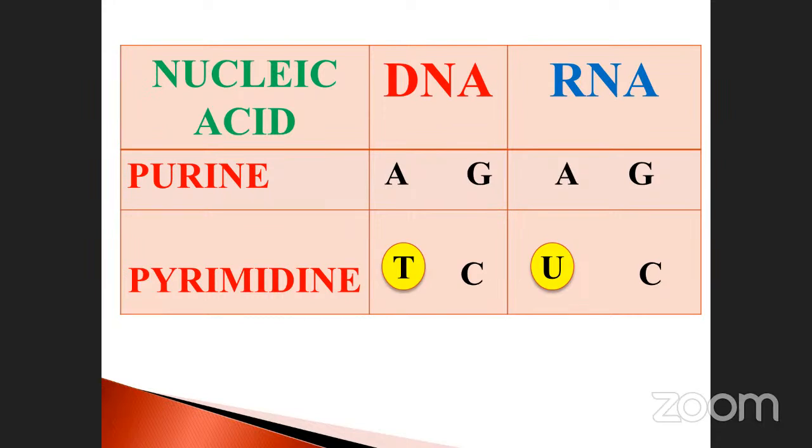During the translation process. Are you clear in this part, my dear? Where there is a change, just note it down. Adenine is common to both, but thymine and uracil are replaced: adenine-thymine here, adenine-uracil there. But guanine and cytosine, there is no change in both cases.